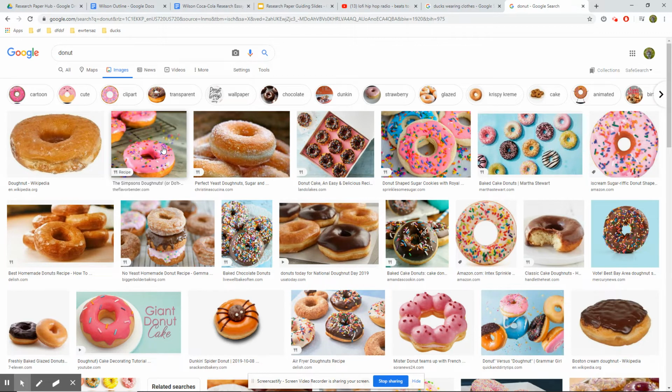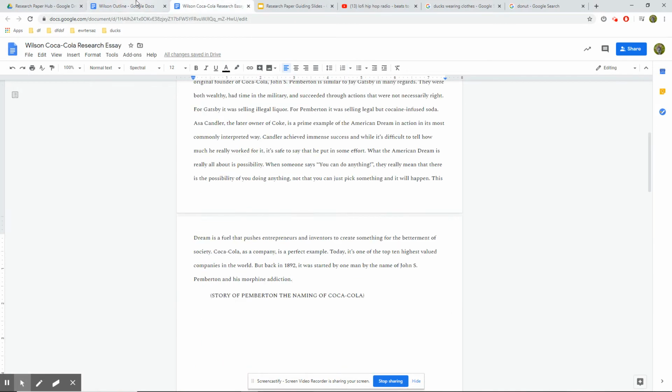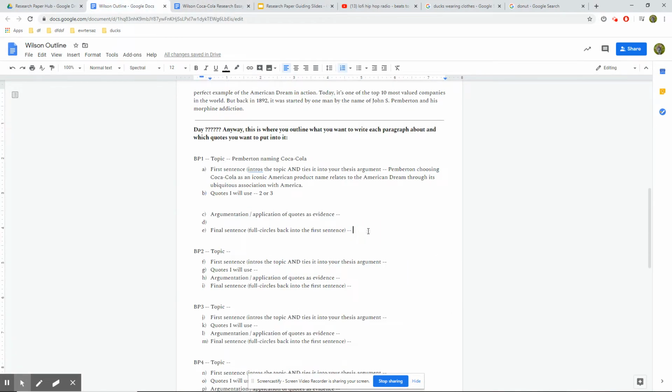You complete the donut. You make a full circling back idea. So, your final sentence should be reminiscent of your first sentence, but the key difference is that with your quotes and your argument, you have proved what you've said in this line.